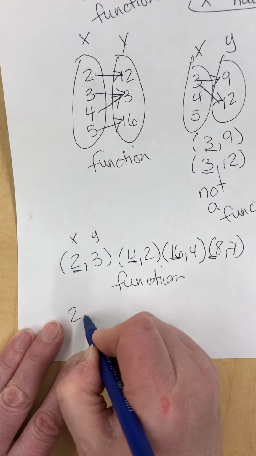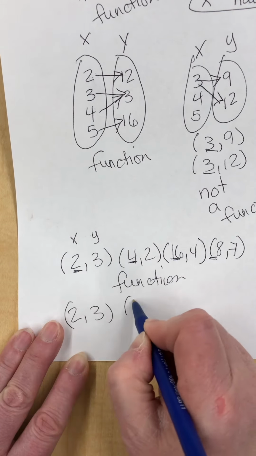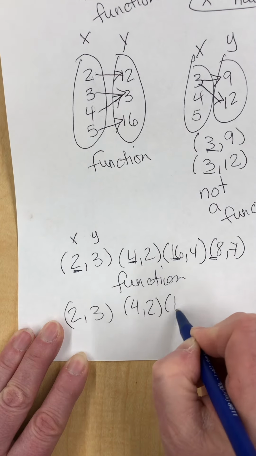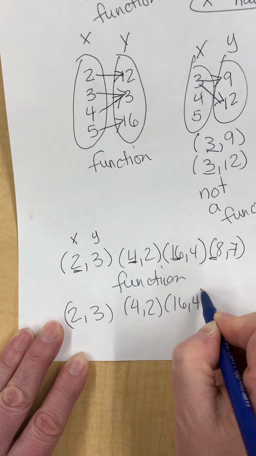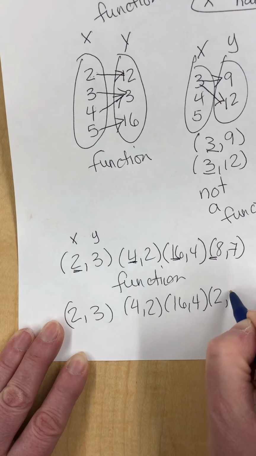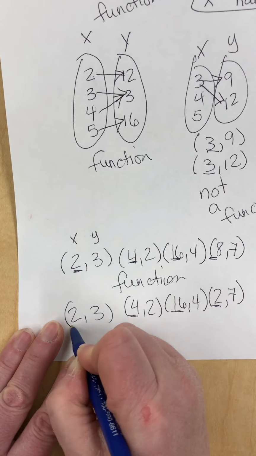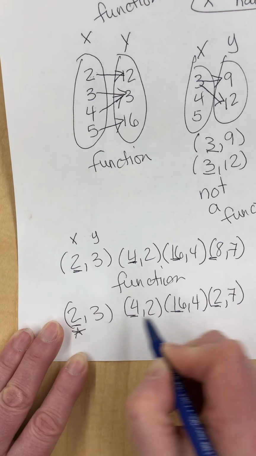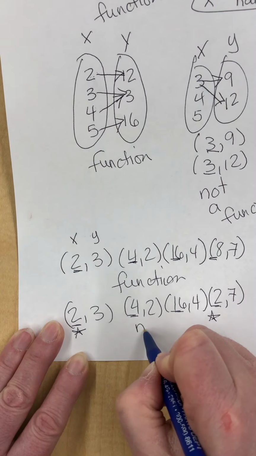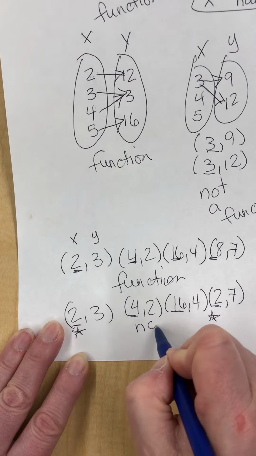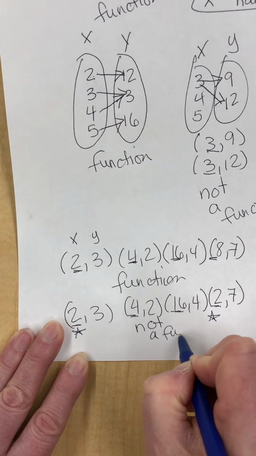Now let's say I had 2, 3, 4, 2, 16, 4, and let's say this was again a 2 and a 7, and you remember you're looking for the x's on the left, and because I have this one and this one are the same number, this information is not a function.